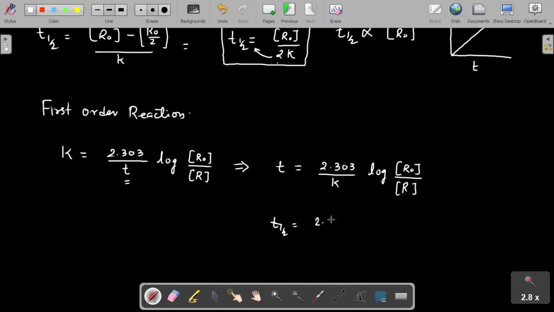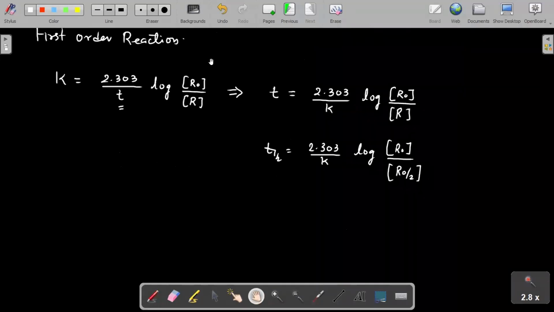The t half is equal to 2.303 upon K log R naught over R naught by 2. So if you calculate this, put this value R upon R naught, this value will get cancelled.